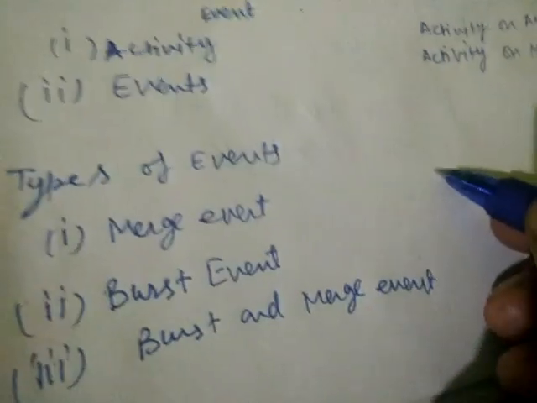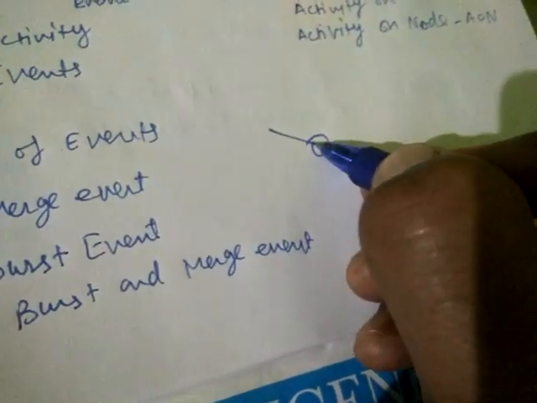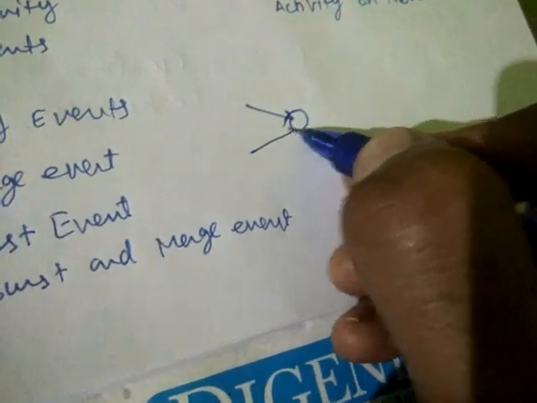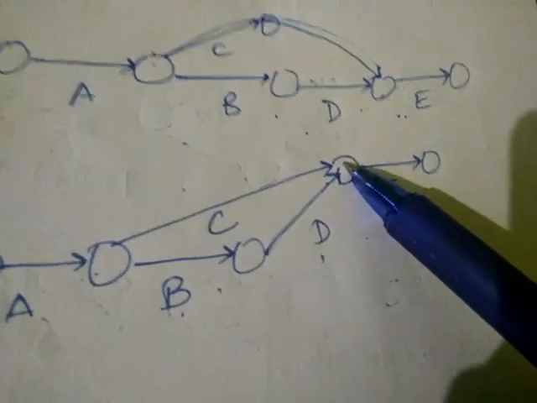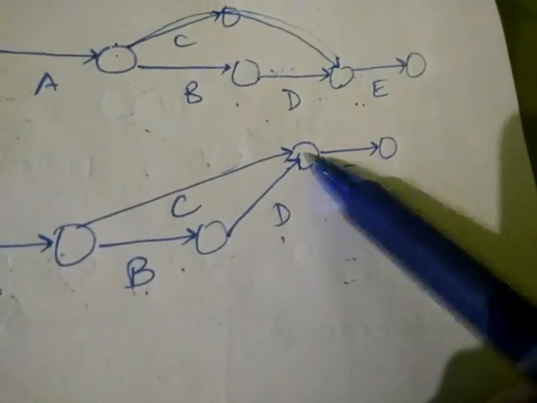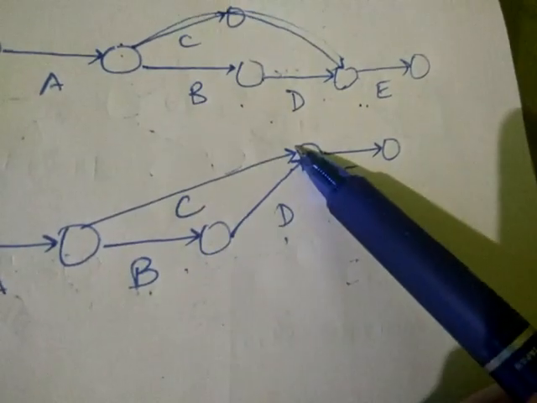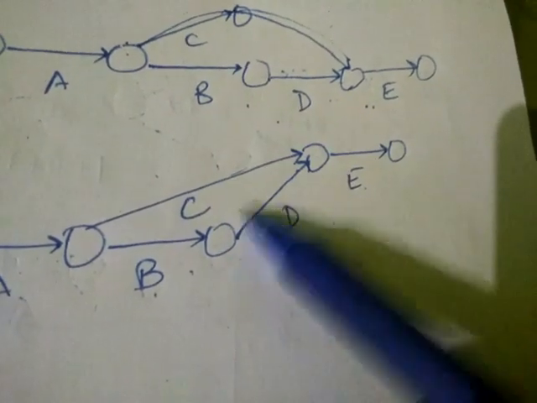It is very simple. A merge event is any event where two or more activities finish. For example, in this diagram you can say this is the merge event. Why a merge event? Because at this event two activities are coming inside, or you can say two activities are finishing, so it is the merge event.